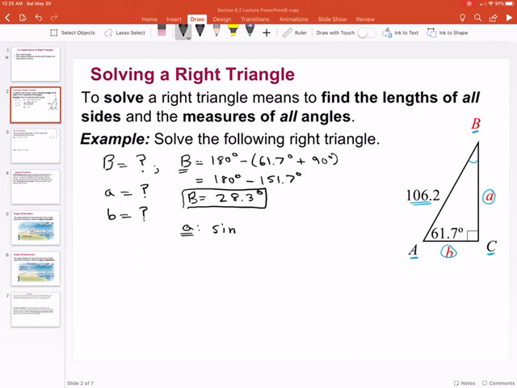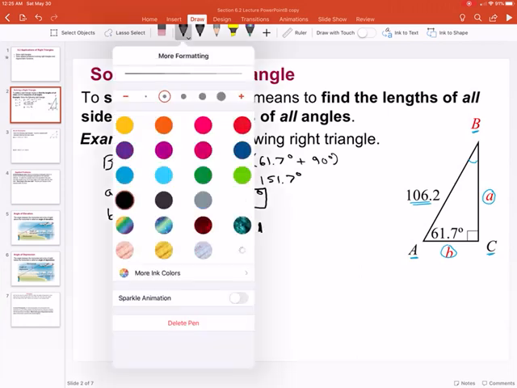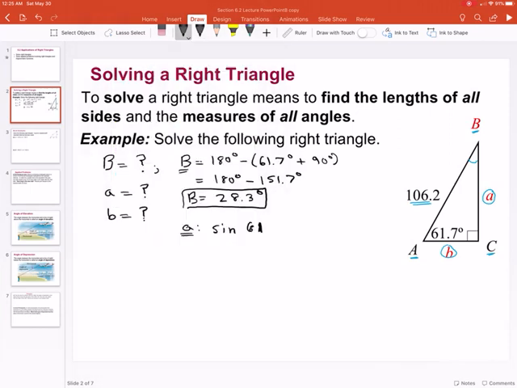Let's write this in here: sine of 61.7 degrees is equal to the side opposite, a, our unknown, divided by the hypotenuse, which is 106.2 units in length.